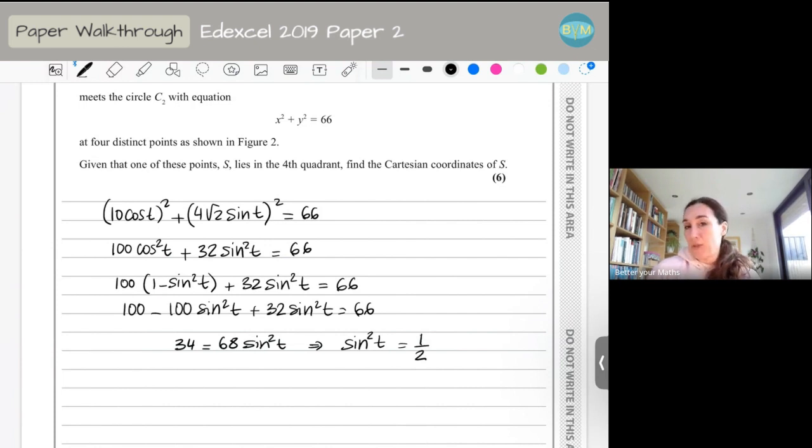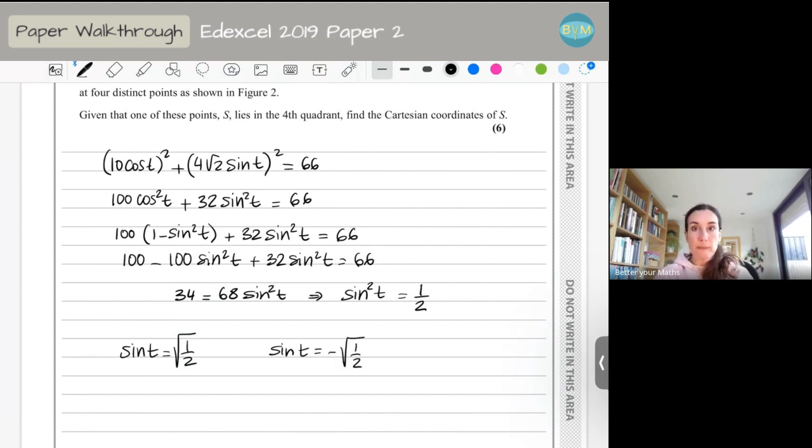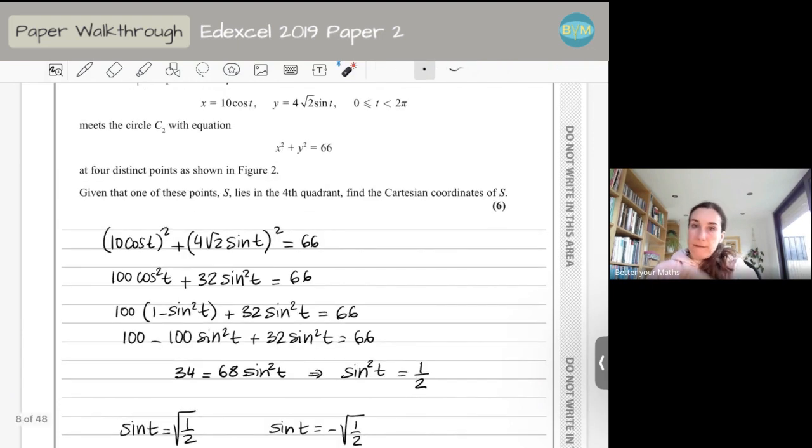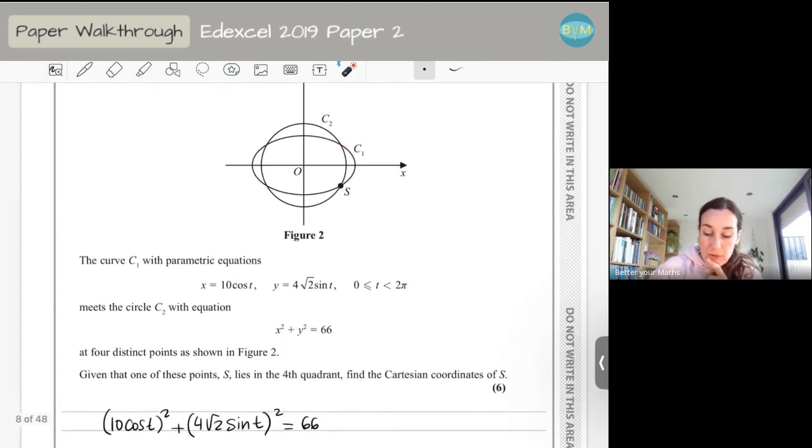So we are very close to finding the parameter. I'm just solving the trigonometric equation. So sine t could be root of 1/2, or sine t could be minus root of 1/2. Either, yeah? And if I use the solutions in all my values of the parameter, I will be able to find the 4 solutions.